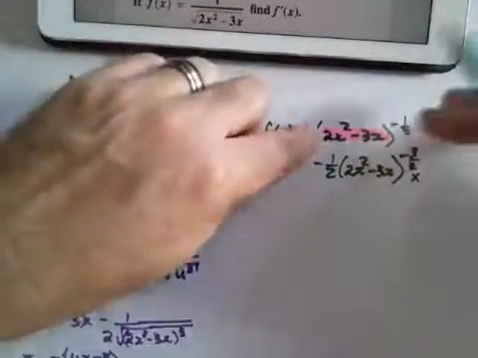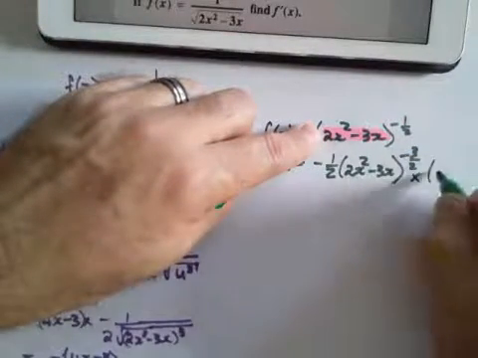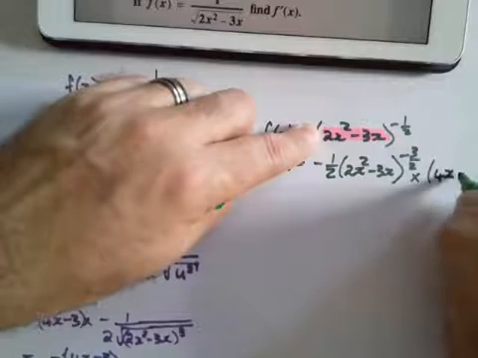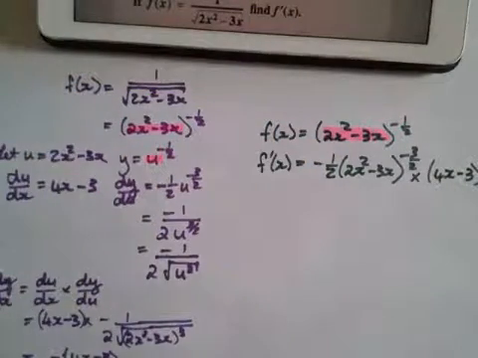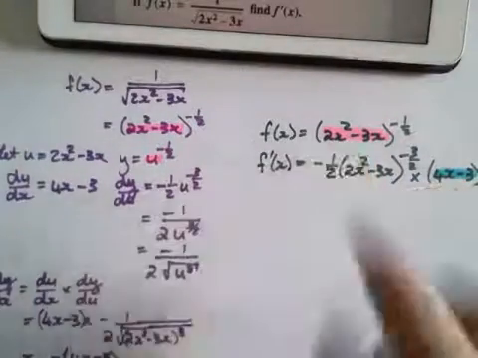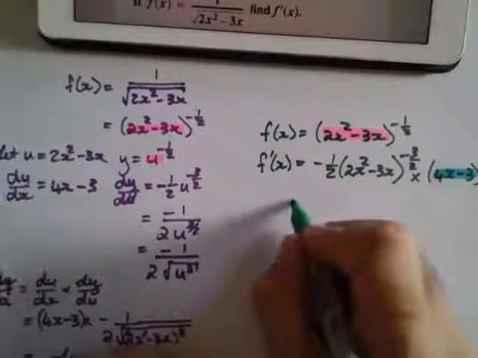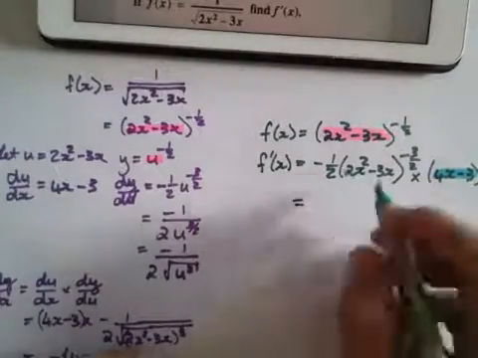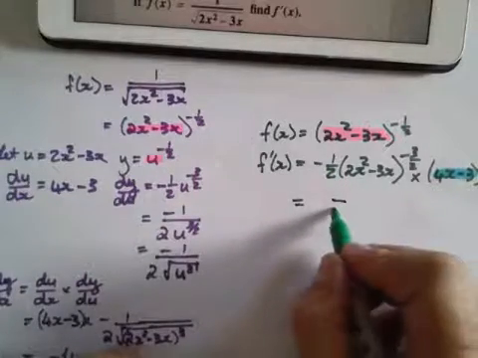The derivative of that thing: 2 goes to the front, it becomes 4x minus 3. So you can see that this is the derivative of that, and you have to multiply by that. If I simplify that now, I'm going to get negative. That 2 is underneath the line.